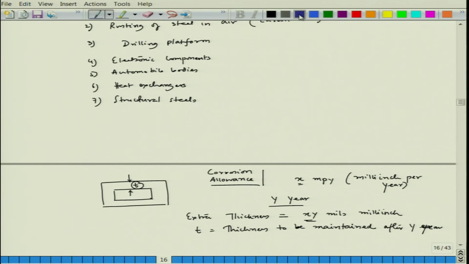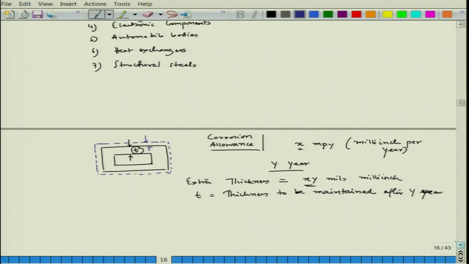So, you add it there. This is the thickness you are adding up. That means after y years of service, this much will corrode, and the remaining thickness will be there, and after that we cannot use it beyond y years, because the thickness will go below the desirable limit. So, now we can calculate this value.